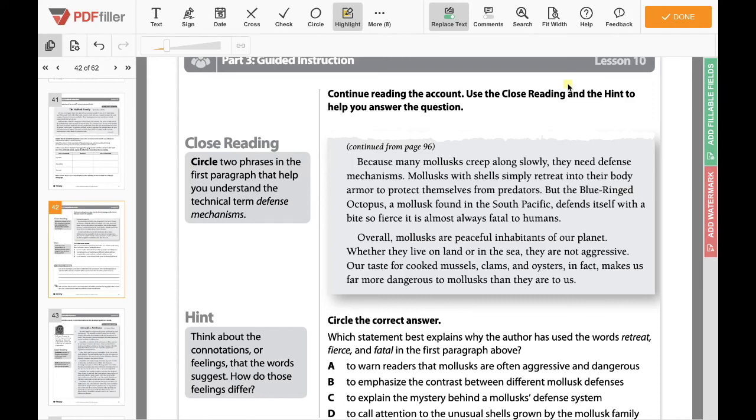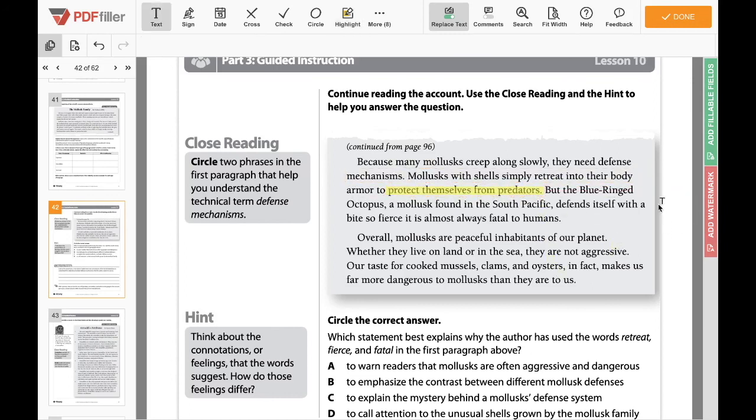they mean here. So, because many mollusks creep along slowly, they need defense mechanisms. Mollusks with shells simply retreat into their body armor to protect themselves from predators. Well, we know that they are protecting themselves from predators.